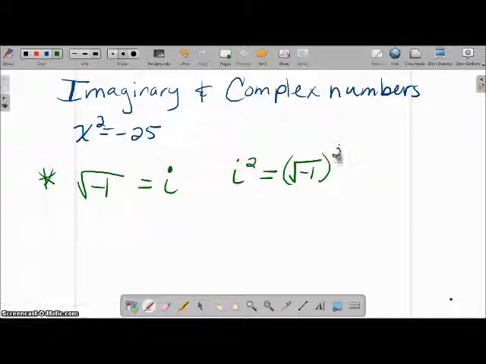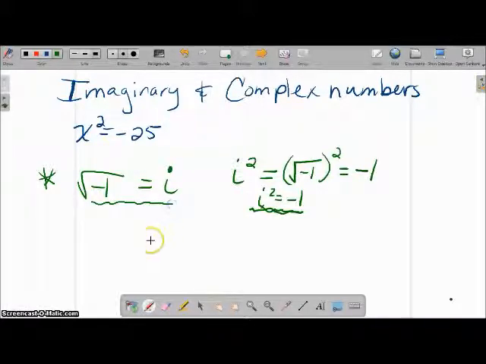If I were to square that, I would get what? Scream it at the screen. You know this. If I square this, I'm going to actually get -1. So i squared is -1. So this right here is super important to know, as is this. i is the square root of -1, i squared is -1.